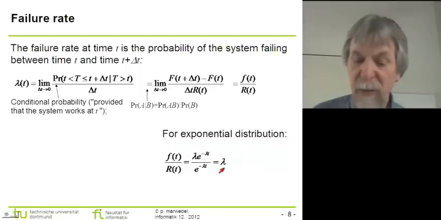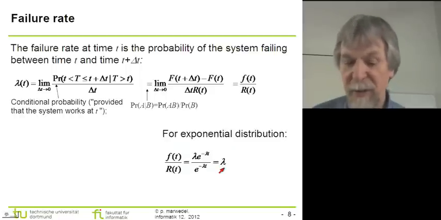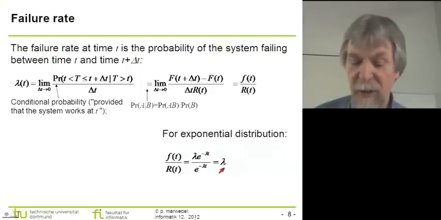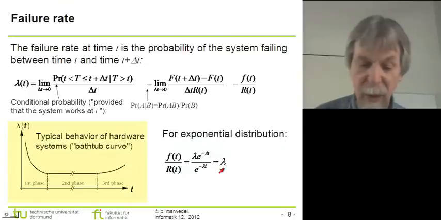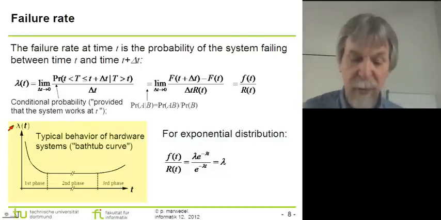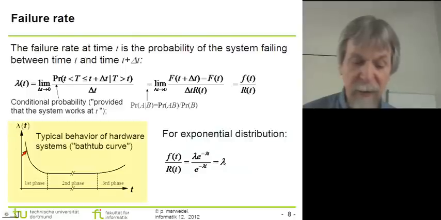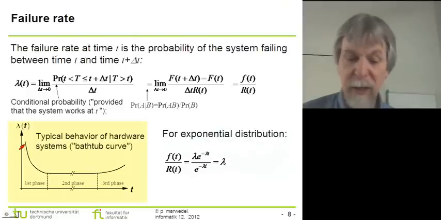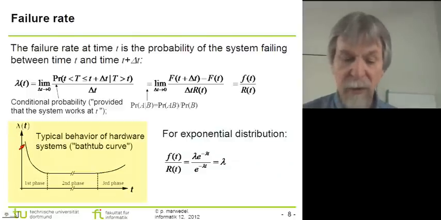Now one question of course is: is the failure rate actually constant for real systems? Well, there have been many cases where people observing the failure rates have reported that the failure rates correspond to a so-called bathtub curve. That means initially we have a very high failure rate, which corresponds to so-called infant mortality.